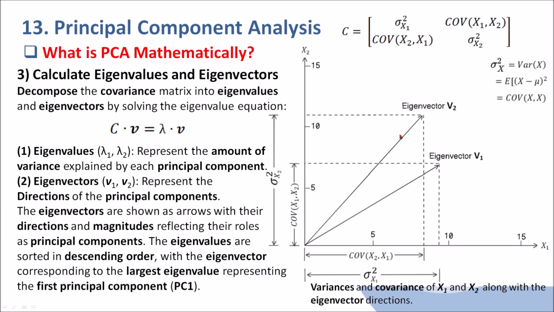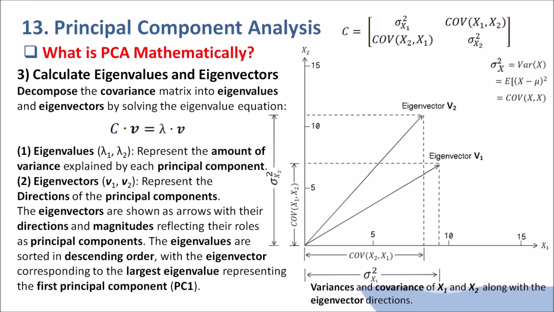Then the second vector is defined by using the second row, namely the x1 component is the covariance, and its x2 component is the variance of x2. This row represents the first eigenvector, the second row represents the second eigenvector. This is the endpoint of the first eigenvector. This is the endpoint of the second eigenvector.